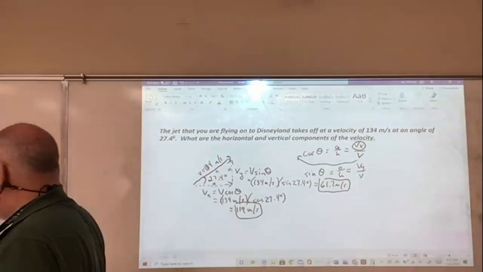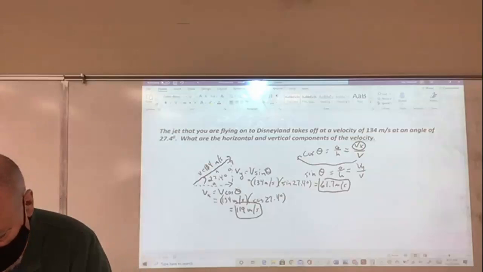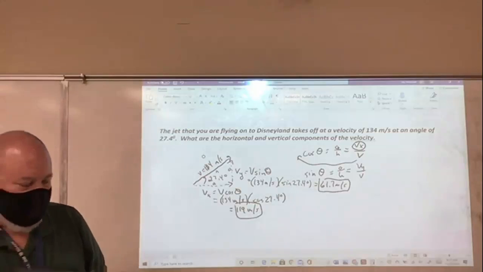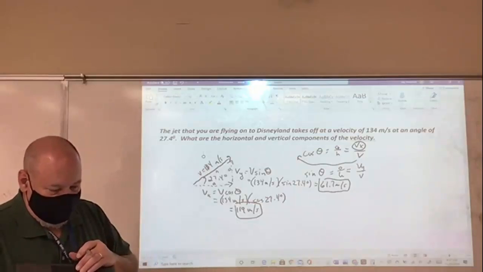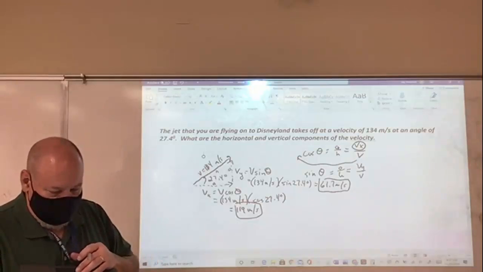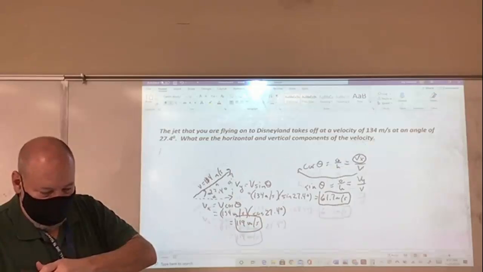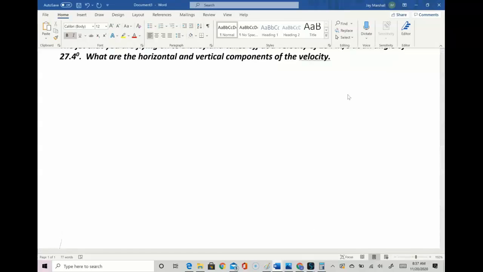Okay, so one of the things that you have to sort of make a distinction of here, and let me just review that idea. First of all, for horizontal and angled launch, for motion in 2 dimensions, we have a formula that tells us about motion in the x direction.